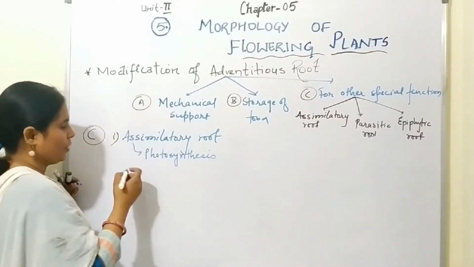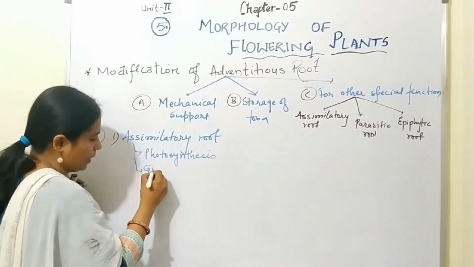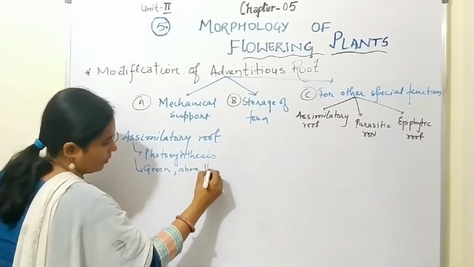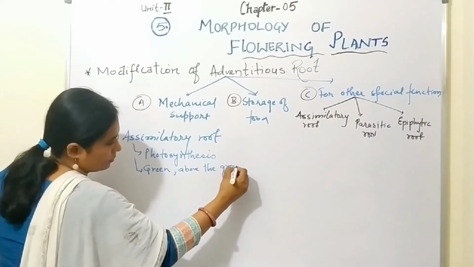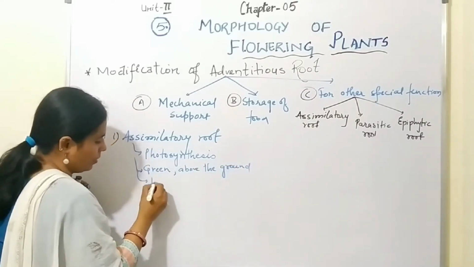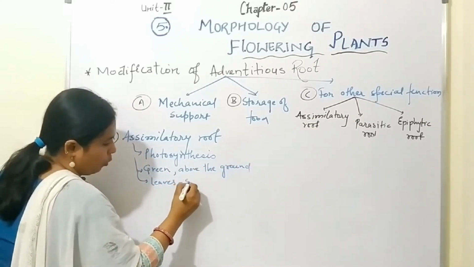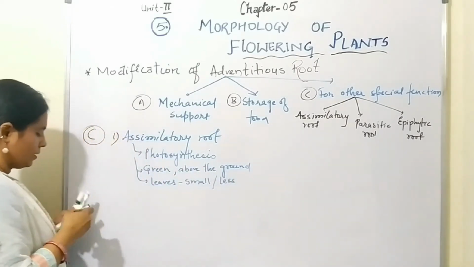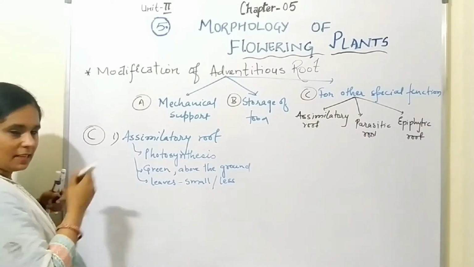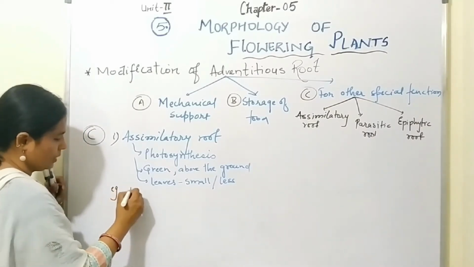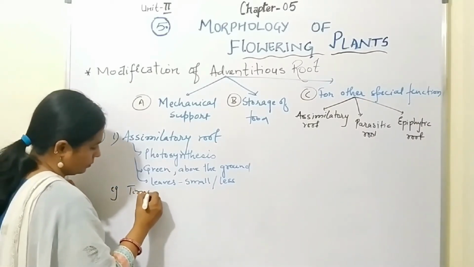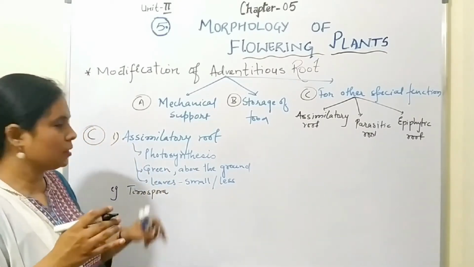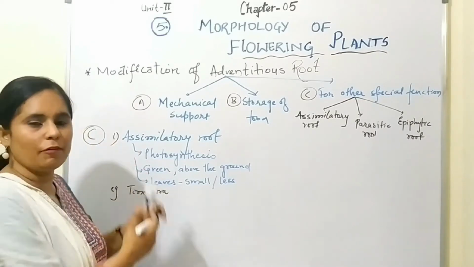So assimilatory roots are green and above the ground. Leaves are small and few. You will see these roots in Ctenospora. Fine. So what happens in this type of root?